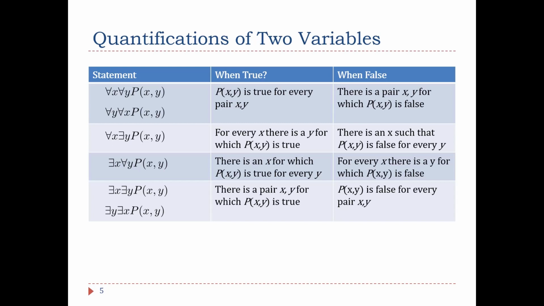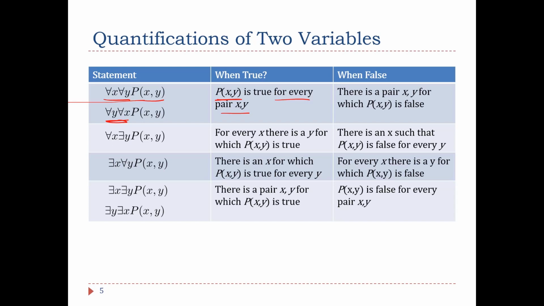The general rule: we are giving the rule for two nested quantifiers, but you can generalize it for any sequence of nested quantifiers. If you have for every x, for every y, a certain property on x and y, in this case this is true if and only if the property is true for every pair of x and y. And this is why if we swap the order of for every y and for every x, this also works the same.